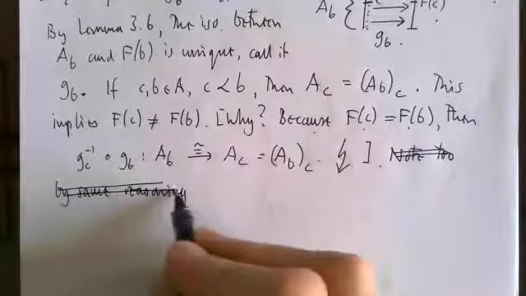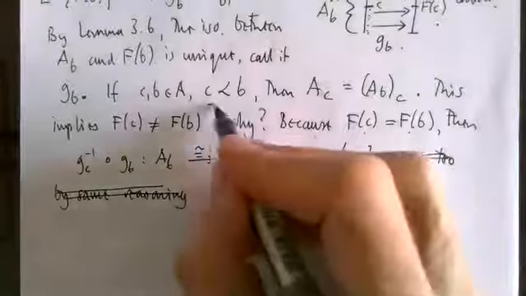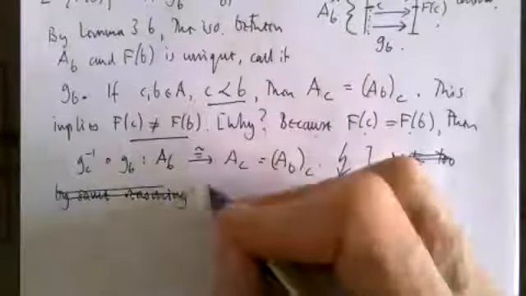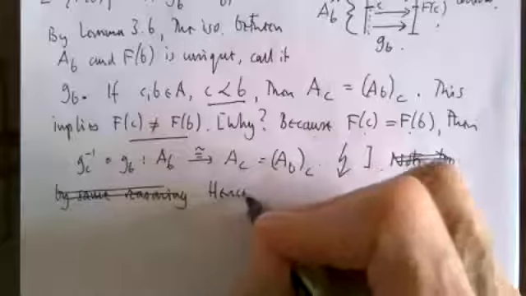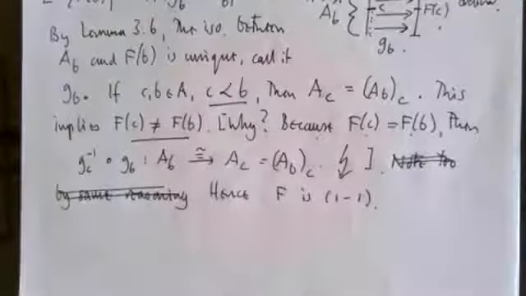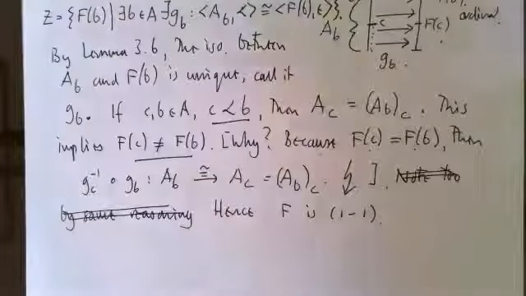That comes later. So if C is different from B, f of C is different from f of B. So what we have shown is f is 1-to-1. Okay, are there any questions?